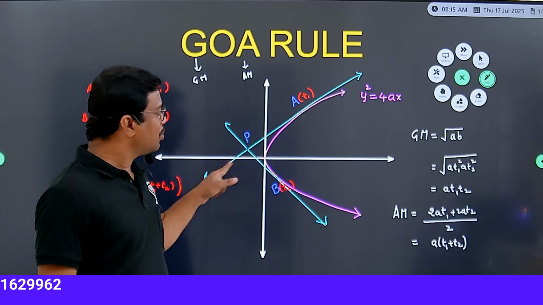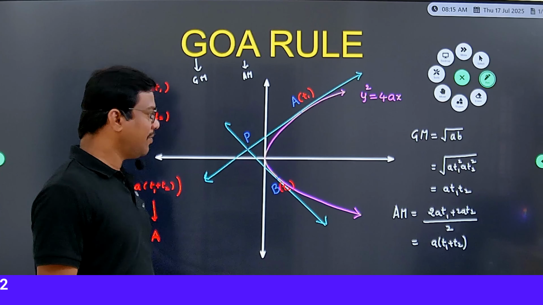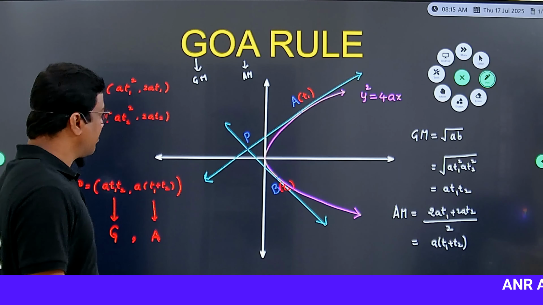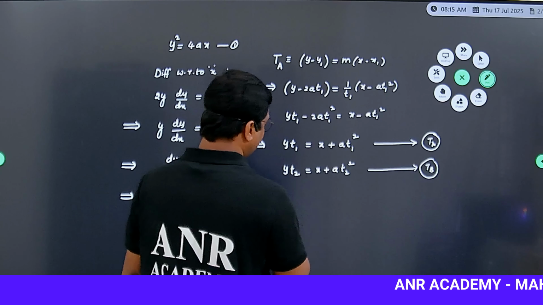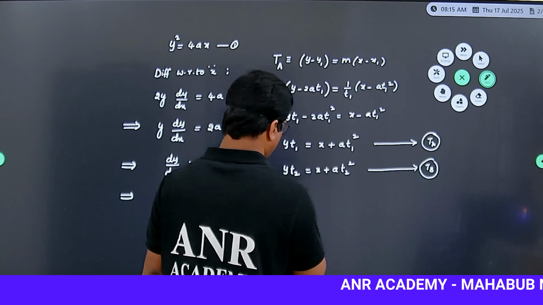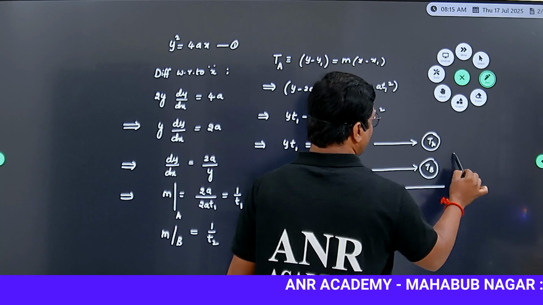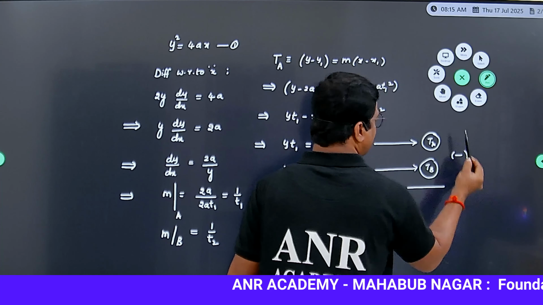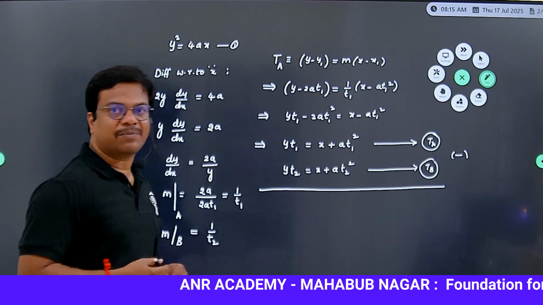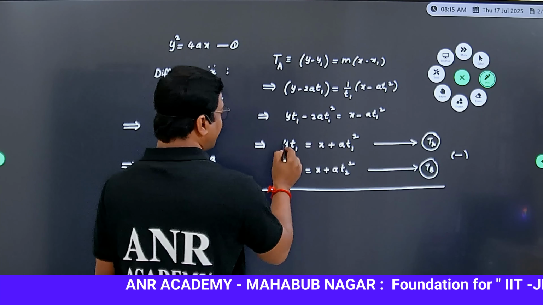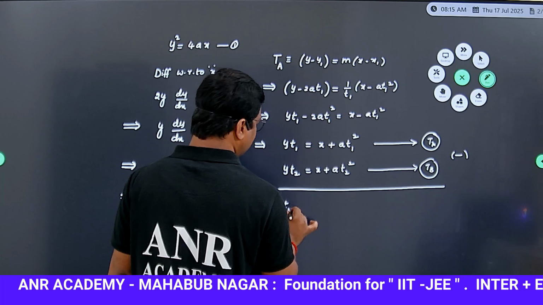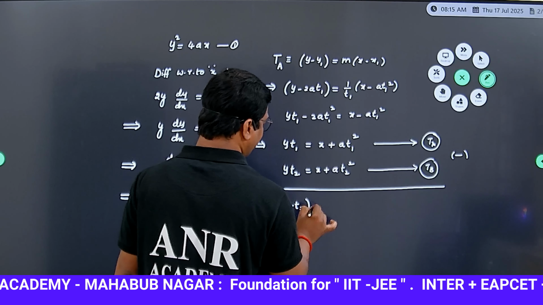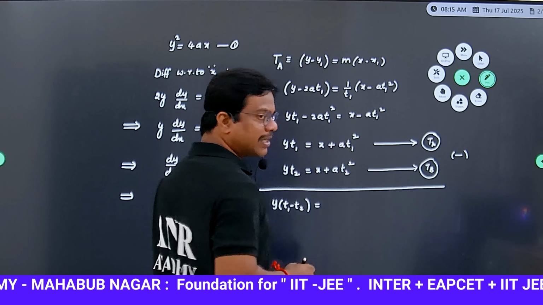Solving these two tangents, then we get point of intersection. Now I am going to solve these two. If you subtract TB from TA, what happens? Observe. On subtraction we get y common element. Inside we get t1 minus t2. X gets cancelled.